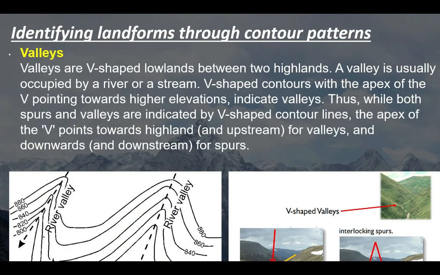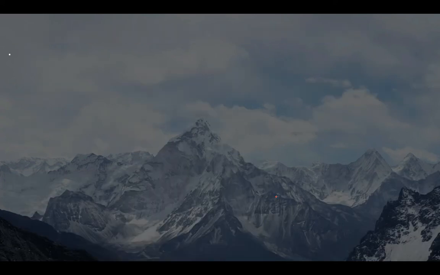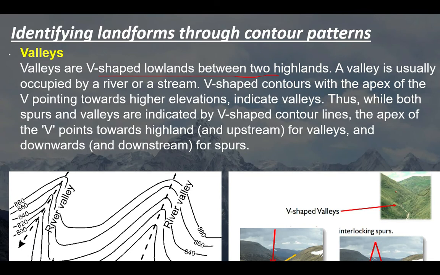Next, what are valleys? Valleys are V-shaped lowlands between two highlands. In the last image, there are two highlands, this one and this one. The valley is usually occupied by a river or a stream. This is the valley in between the two highlands.